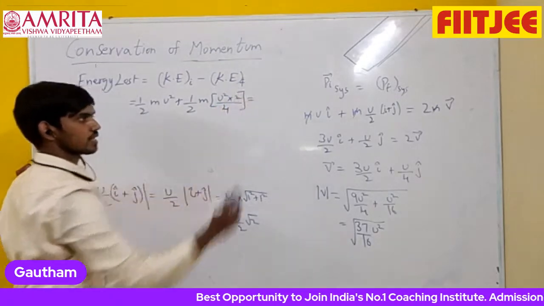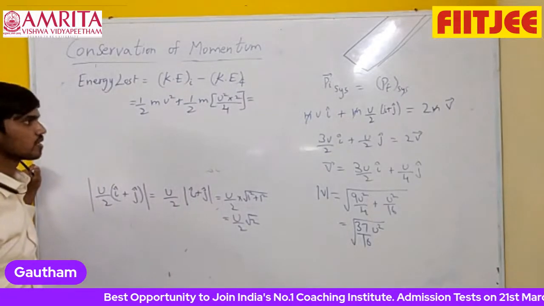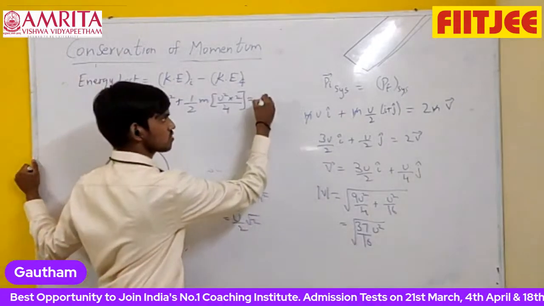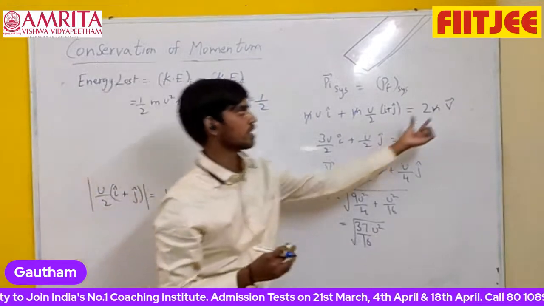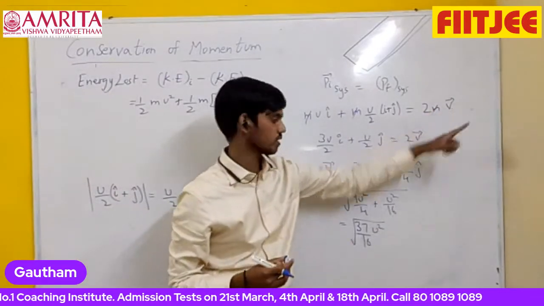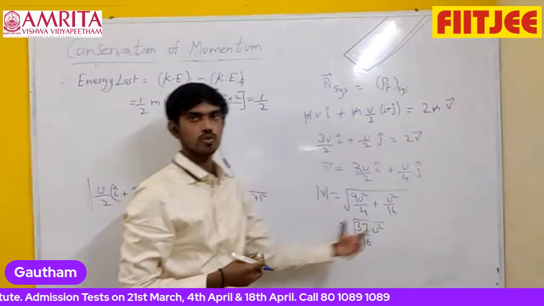The final kinetic energy of the system is half into final mass into final speed whole square. Square the final speed as well.